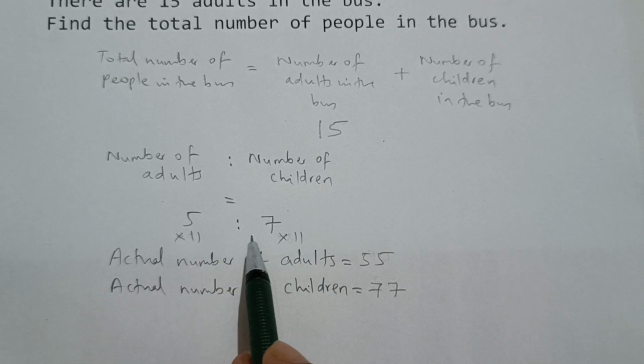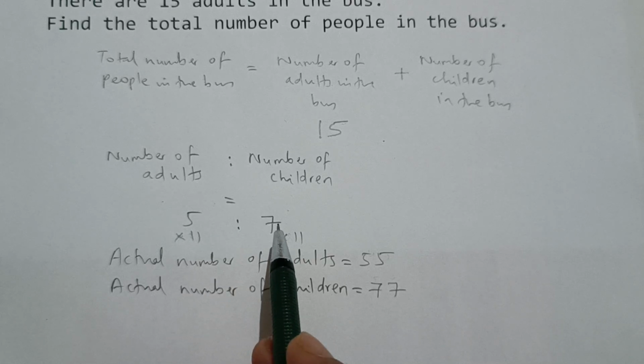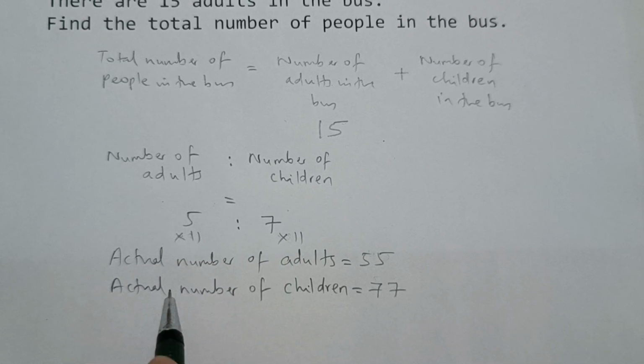Since I do not know by which number I have to multiply this ratio, I will multiply this ratio by a variable, and let us say that variable is x.